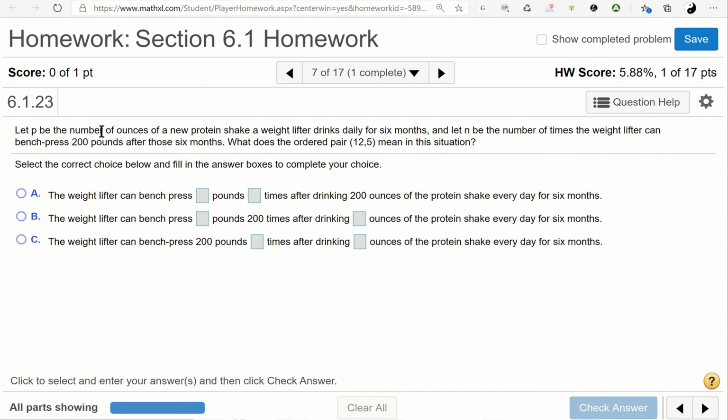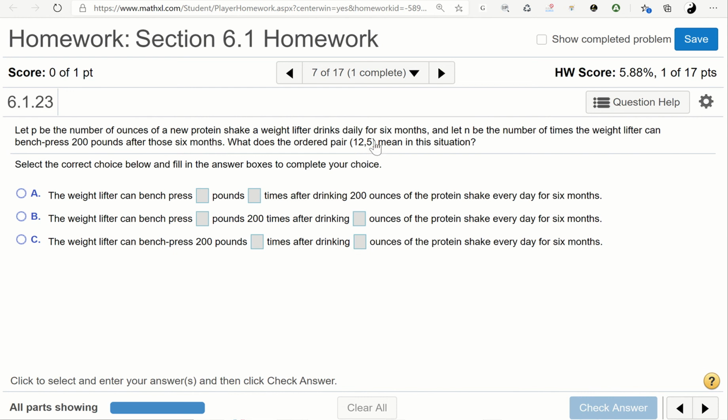So obviously we're thinking that the number of ounces of protein shakes is the one that's going to have some effect on the number of times that the weightlifter can bench press 200 pounds after those 6 months.